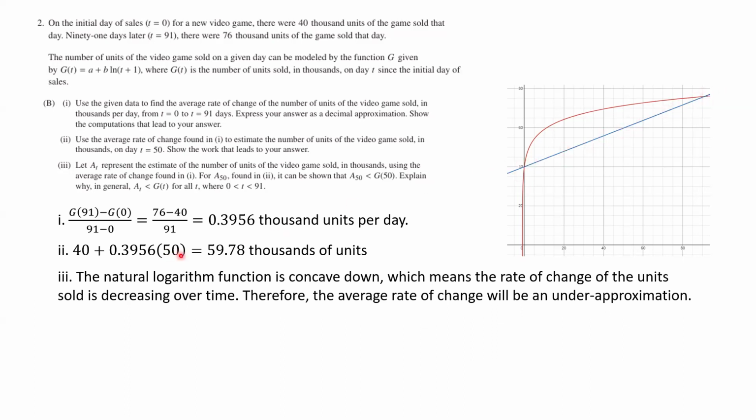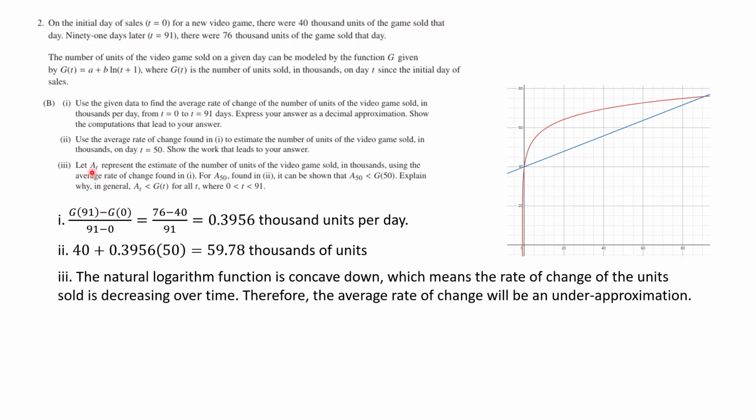At t equals 50, it's almost 60, right? So just by the model, if you just do 50 times 0.3956, that's not even close to 60. So what's the problem? You have to add the initial value of 40. The 0.3956 is just the rate of change. That's the slope. That's not the quantity.